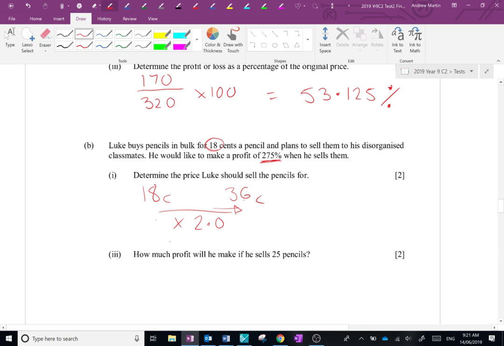So if he multiplies by 3, that's going to be an increase of 200%. So he wants to increase by 275%. So he's actually going to have to multiply by 3.75. Now we'll just see if this works in a minute.